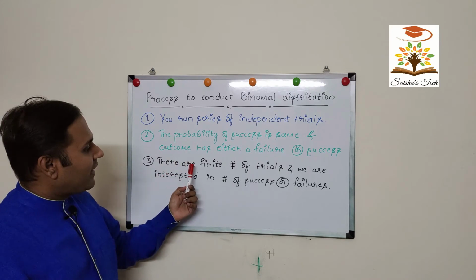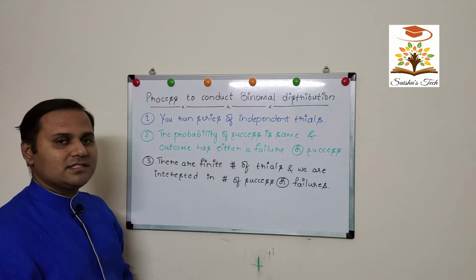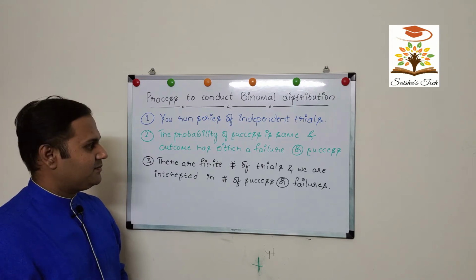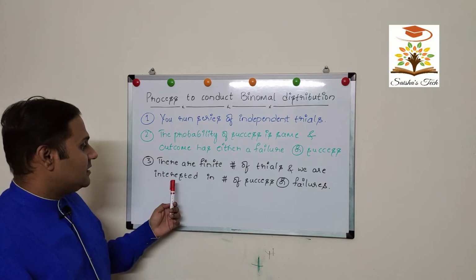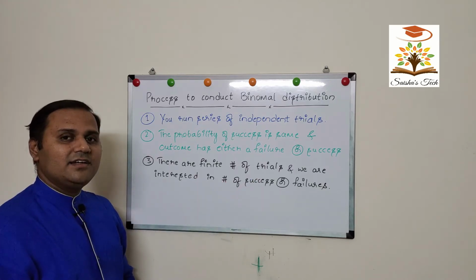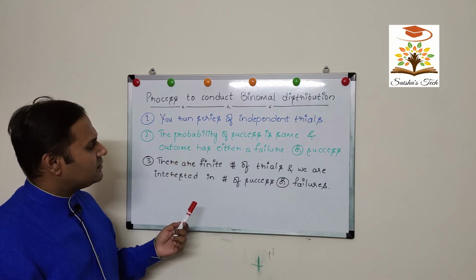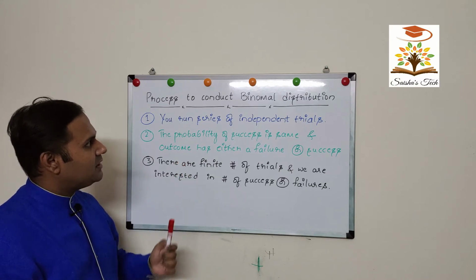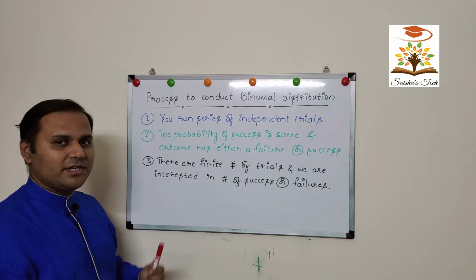Then there is a finite number of trials. The independent trials which we have considered are finite, and we are interested in the number of successes or failures in that finite number of trials. You can observe there are some similar steps which we use to conduct geometric distribution too.